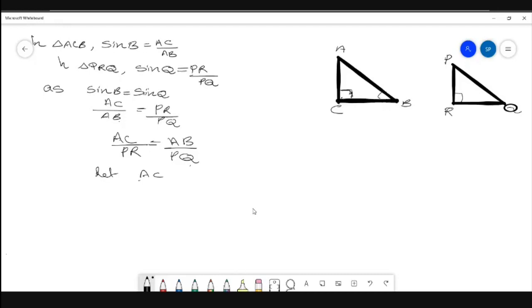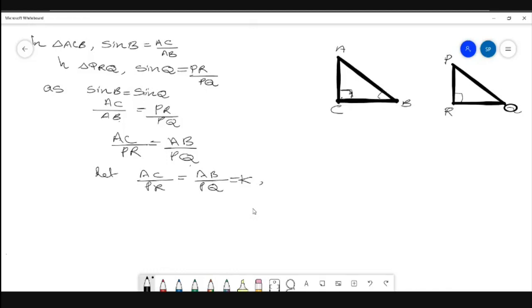Now let us take AC by PR equal to AB by PQ equal to K, where K is any positive integer.